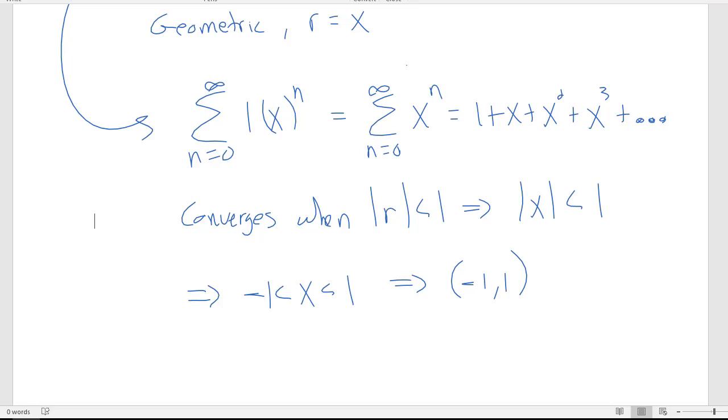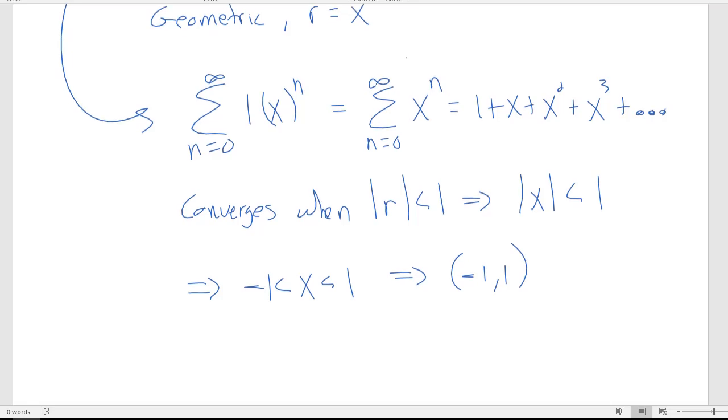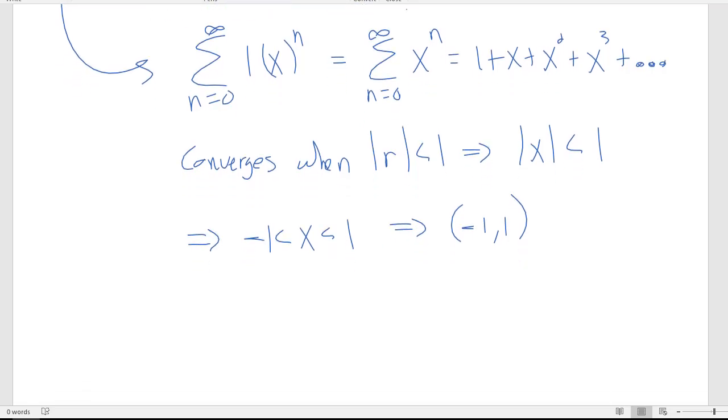So if I take a look at this geometric series, we know that the sum of a convergent geometric series is a over 1 minus r. Now again, a being the first term in the series, which we can see a is 1, and then r being the common ratio, which is x. So the sum is 1 over 1 minus x.